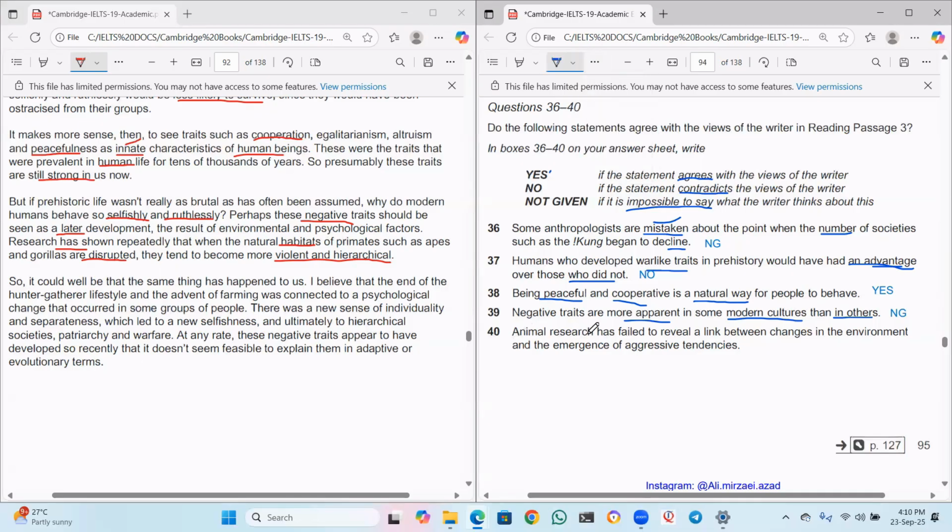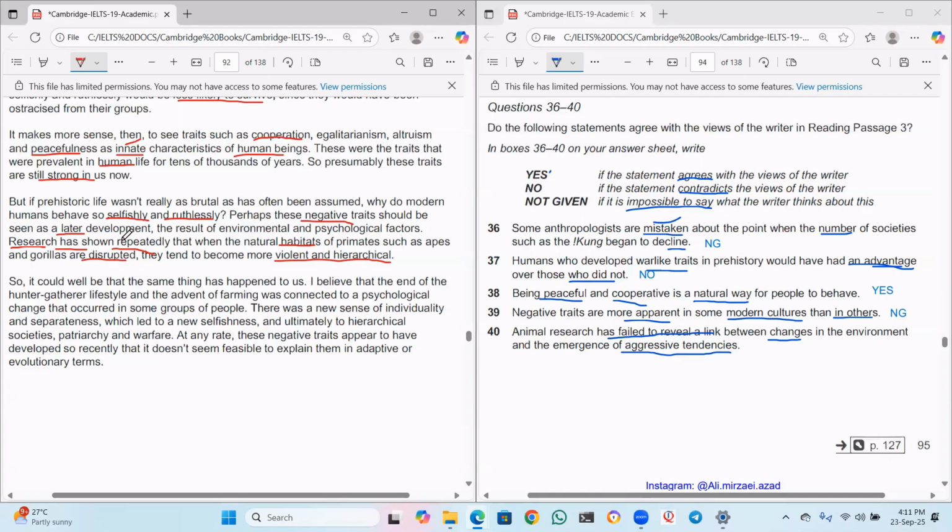Next, animal research has failed to reveal a link between changes in environment and the emergence of aggressive tendencies. Animal research, what does he mean by animal research? This one, research on the primates, right? So, animal research, he says, has failed to reveal a link. The paragraph says that research has shown repeatedly that when the natural habitats are disrupted, they become more violent.